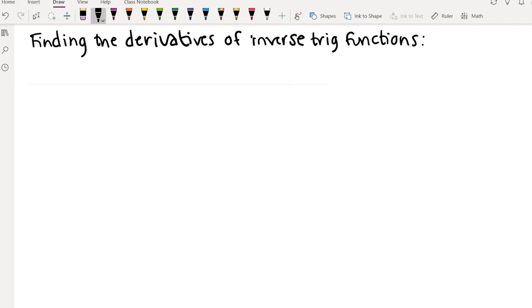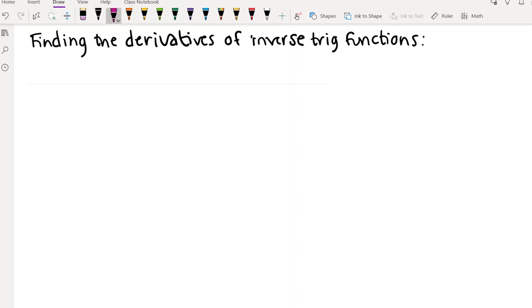Once we get to the end, it will be very clear what the derivative rule is. And if you didn't understand all of this, that's okay. You can just take that derivative rule in hand and move forward with it. But I like to show where it comes from, especially because if you forget it, it's not actually that hard to recover what that derivative is if you understand where it came from.